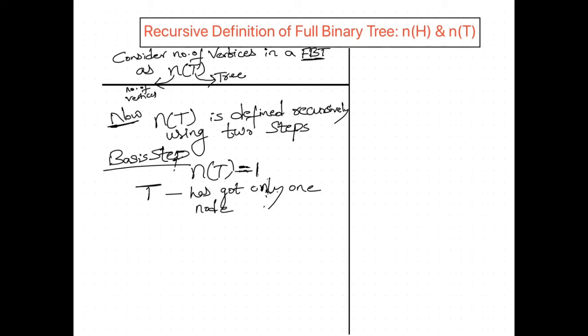As this full binary tree has only one node, how many vertices will be there? Only one. Node means vertices, right? So that's why n of T is equal to 1.